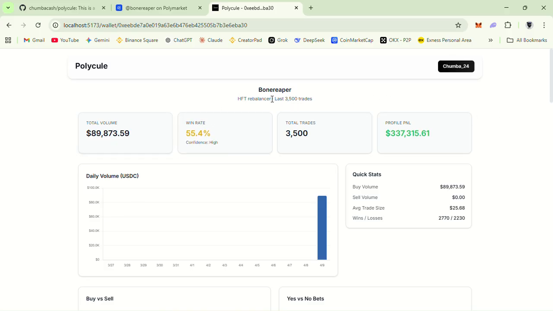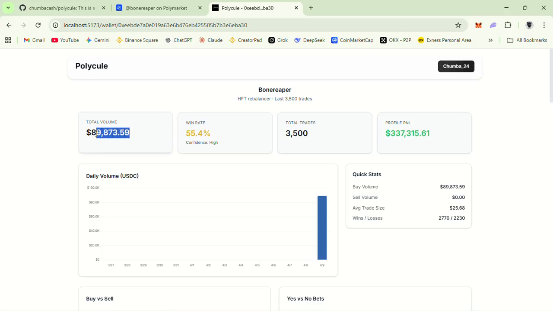The model has to classify the wallet, like a rebalancer, someone who buys on the spot side. Then we are going to have the profile PNL, and the win rate. This one will stay constant, as I talked about yesterday, because it is trading two-way.